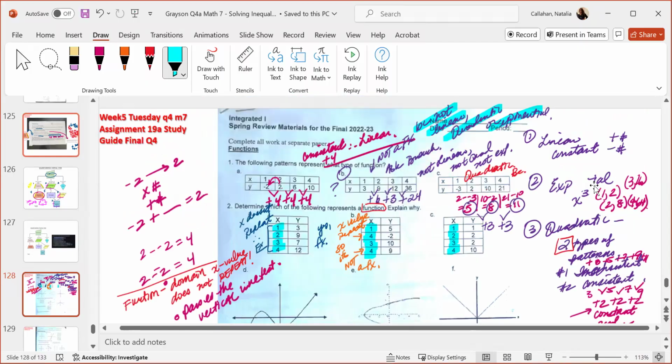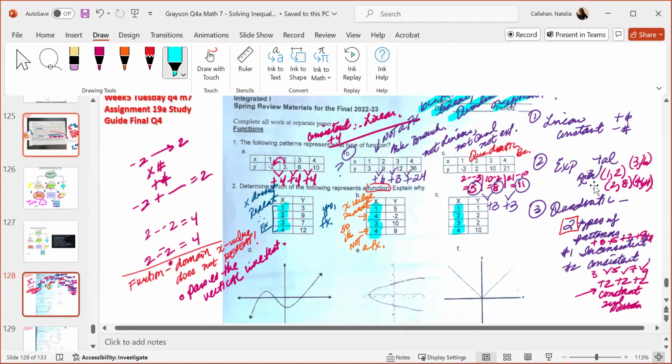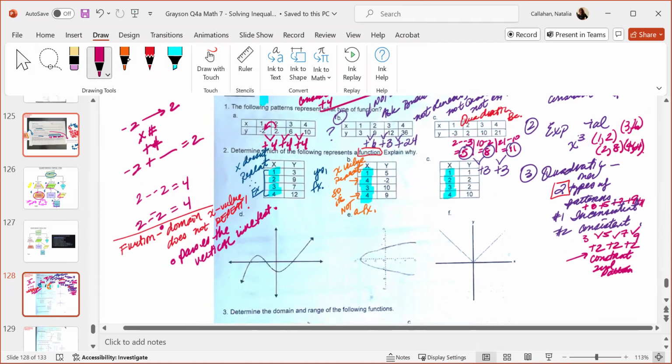So far, we determined functions on a chart, right? So this is a chart. We determined how to find the function on a table, right? Now I'm going to do it on a graph, okay, with a vertical line test. Remember how you're supposed to draw a line?